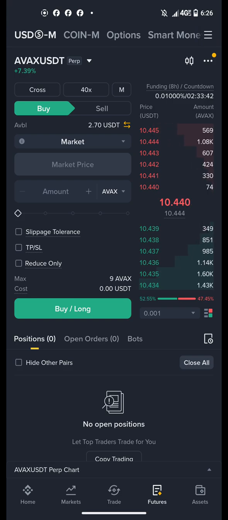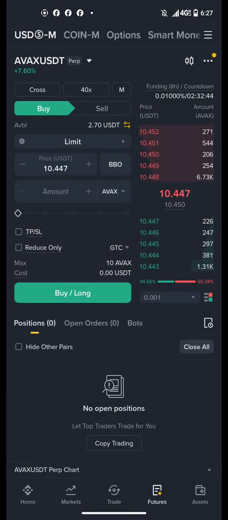Then what else do we have here? Now let's say I want to buy this market now. If you are buying at current market price, this current market price, or if you have a buy limit, that is where you put your own price.